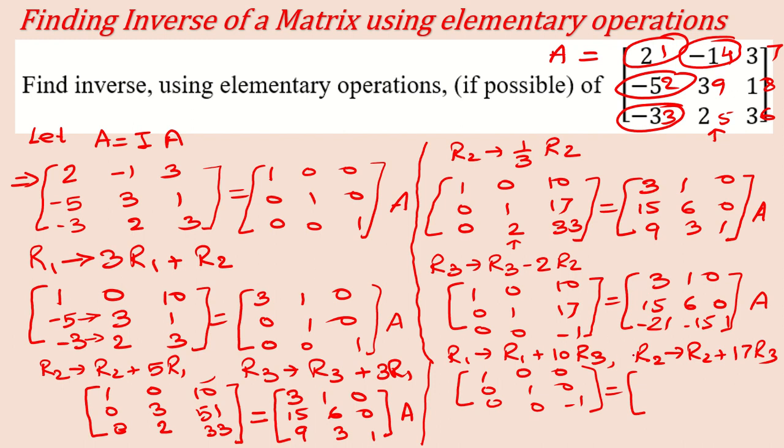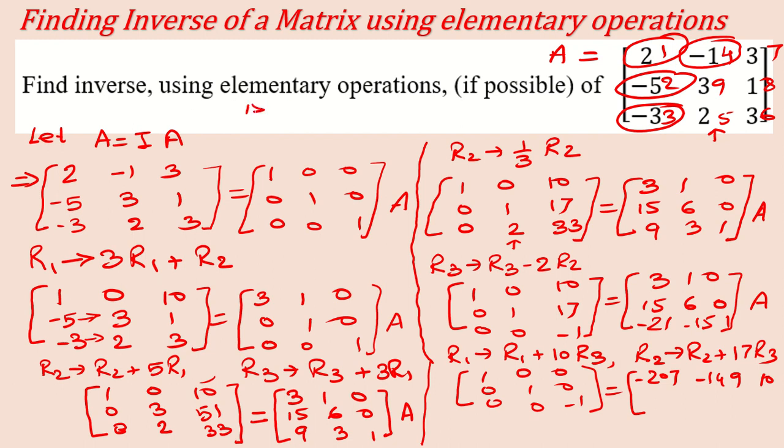Normally we don't get such a big number. 10R3 means minus 210, 210 minus 3, so this is minus 207. Then here also 10 times 15 is 150, 150 minus 1 is 149, and then 10R3 means 10. So this is again 15, R2 plus 17R3. Oh, it's a very big number.